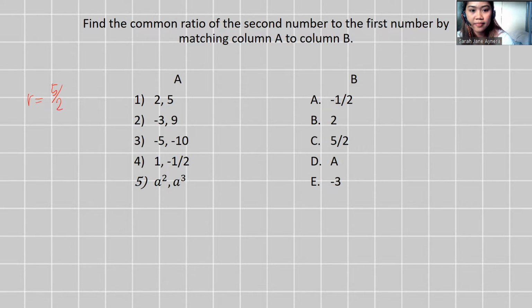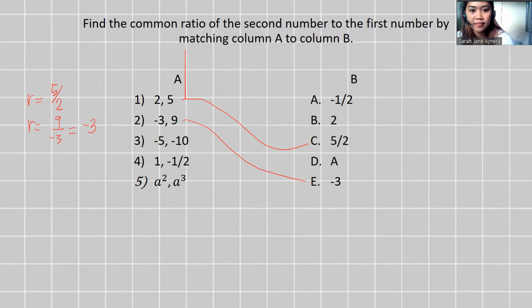And that is letter C. So we can match number 1 to letter C. For number 2, the common ratio is equal to the succeeding term, which is 9, divided by 3. 9 divided by 3 is equal to 3. So for number 2, we can match this to letter E.